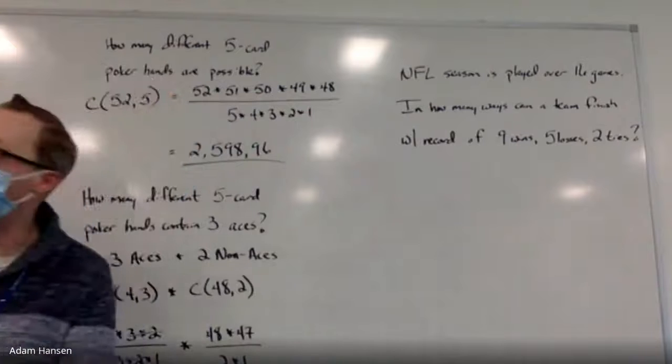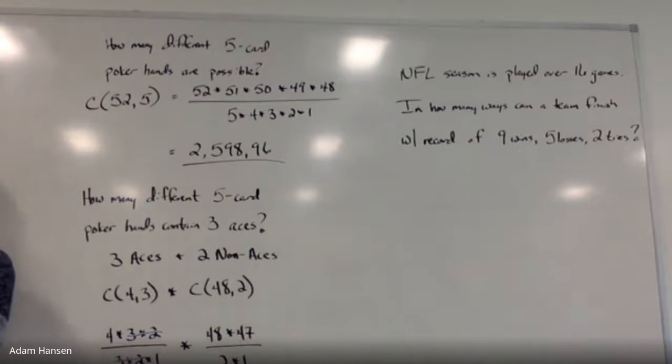Let's practice using the combinatorics feature on our calculator. The NFL season is 16 games long. I want to finish with a record of 9, 5, and 2: 9 wins, 5 losses, and 2 ties.